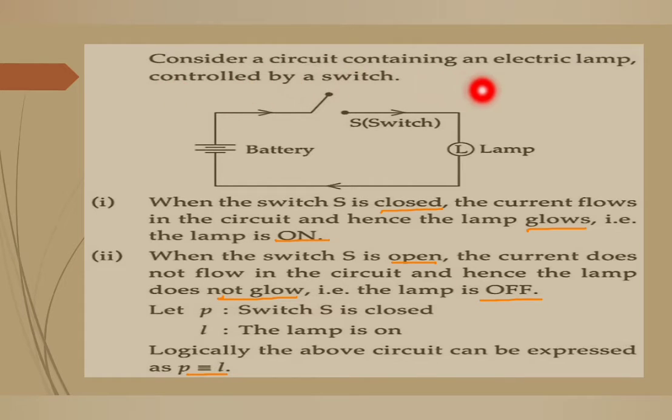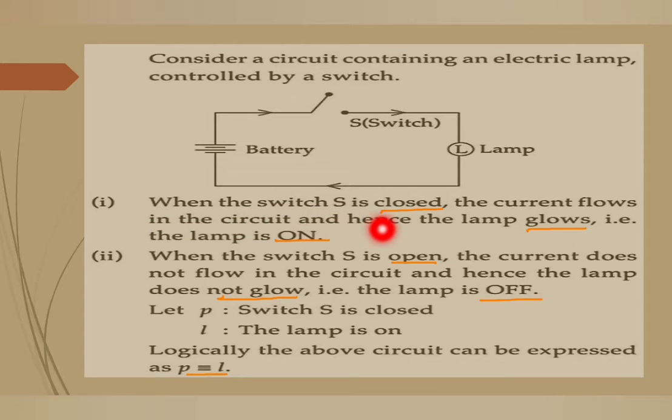Consider a circuit containing an electric lamp controlled by a switch. L means lamp and this lamp is controlled by this switch. The switch is denoted by S, and this is the battery.